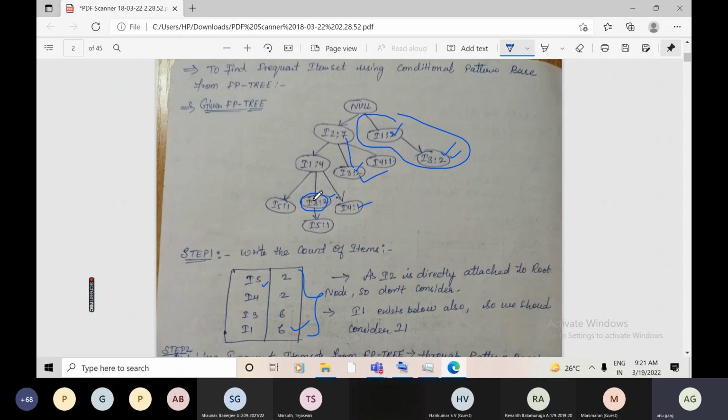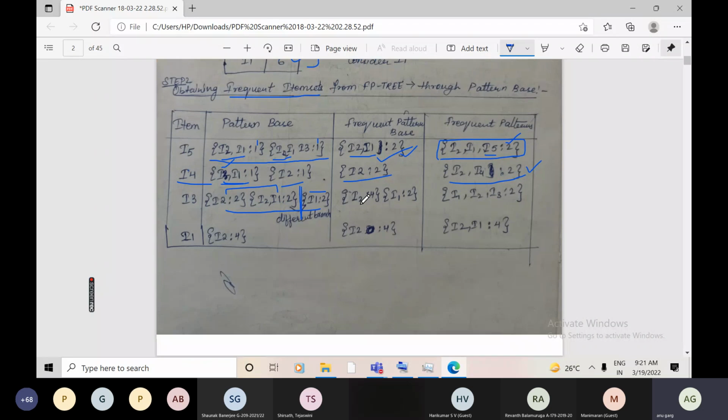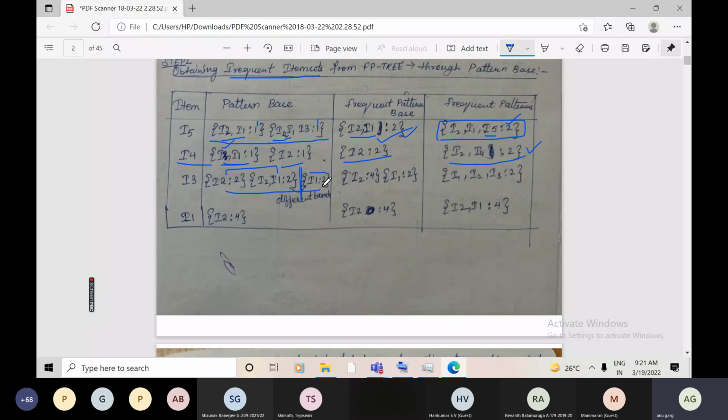The other I3 patterns are in the same branch on this side only; from the root you have only one connection for both of those branches, but this particular branch is totally isolated. So you don't consider it while finding the common between these three. You'll take these two together and this one separate.